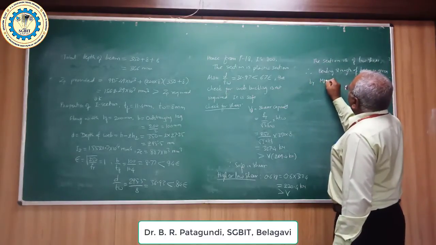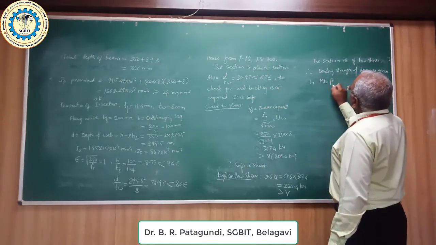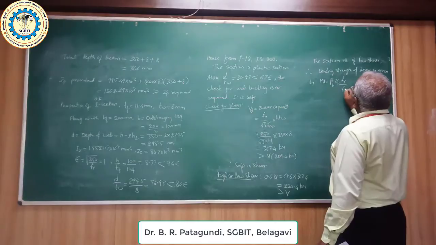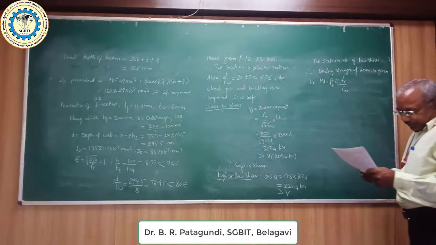MD equal to beta B ZP into Fy divided by gamma MO.